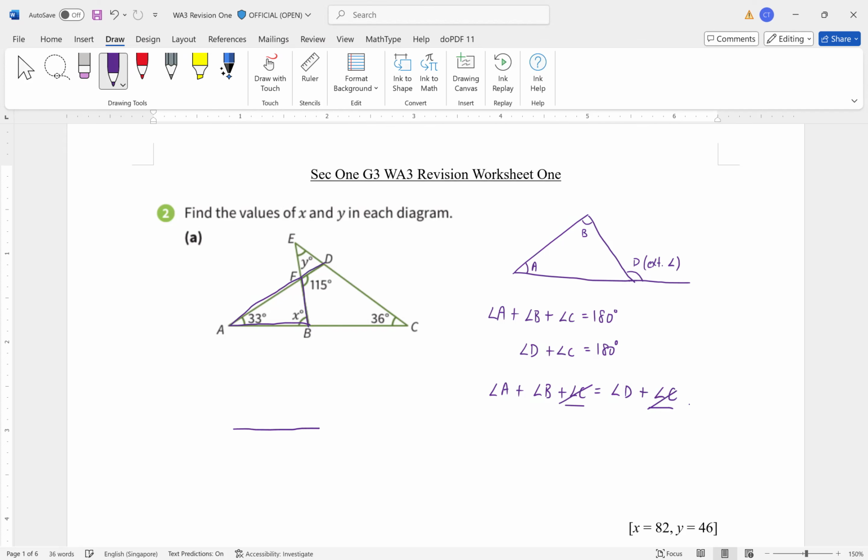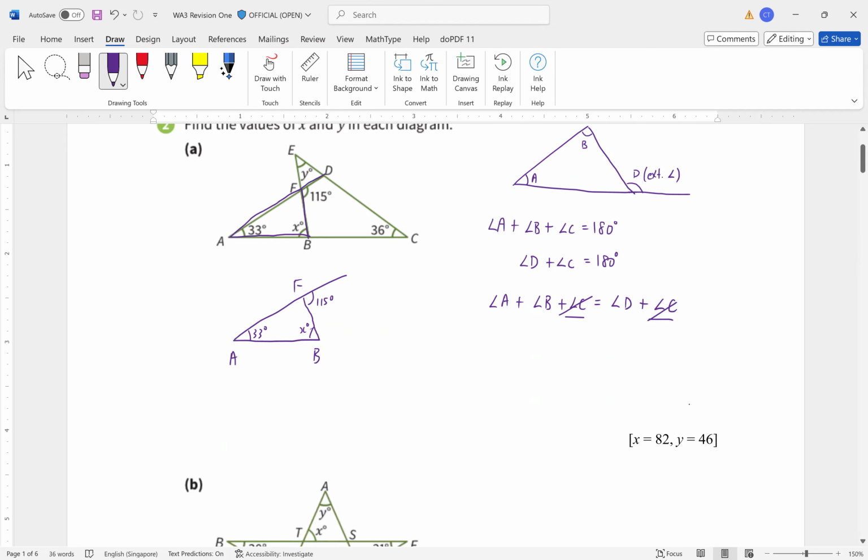So I have A, B here, and then if I extend this line and go here, this is F. These two will be the interior angles, and this one will be the exterior angle. It's the same thing: the exterior angle equals the sum of the two interior angles. We can use this to find angle X. Let's write down the working.